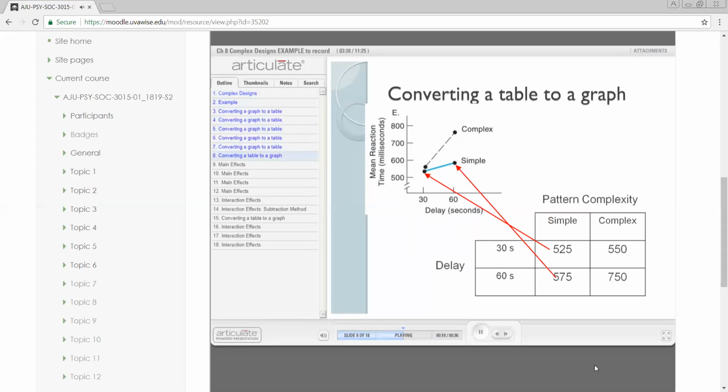And just transfer the data on there. So I'd start with the one that's a line. So let's say you want to graph the level simple of pattern complexity. You draw a dot for your mean in the 30-second group and another dot for your mean in the 60-second group and connect them with the line.